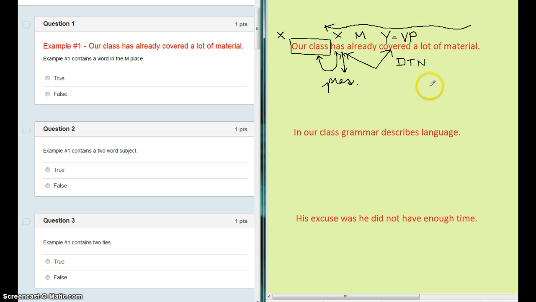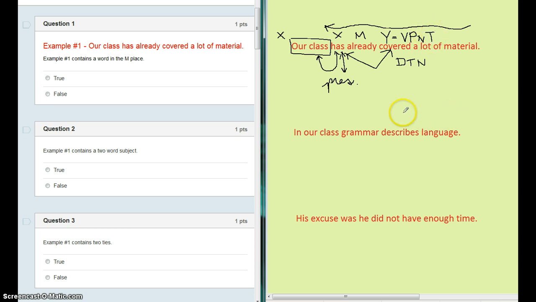And we also know, because it's the DTN form and we see that it's tied with an X word that's tied to the present, the time, that this is a verb phrase, no time.